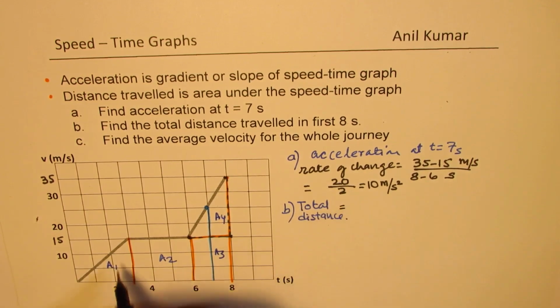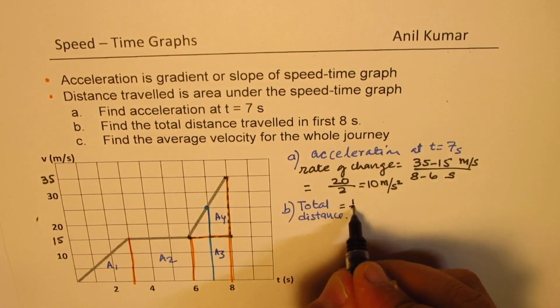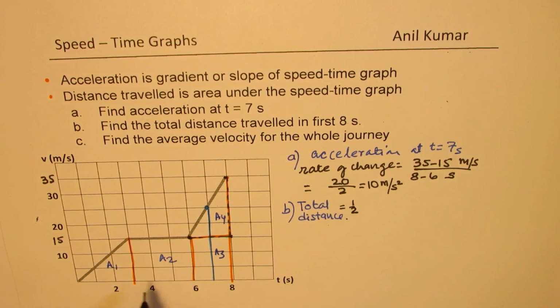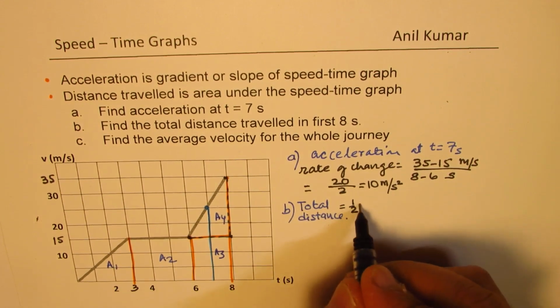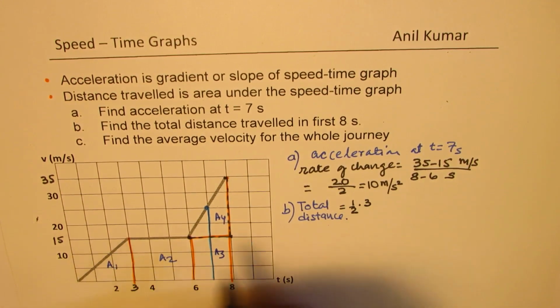Area of portion 1, which is a triangle, will be half of the base, which is 3 units, and the height is 15.